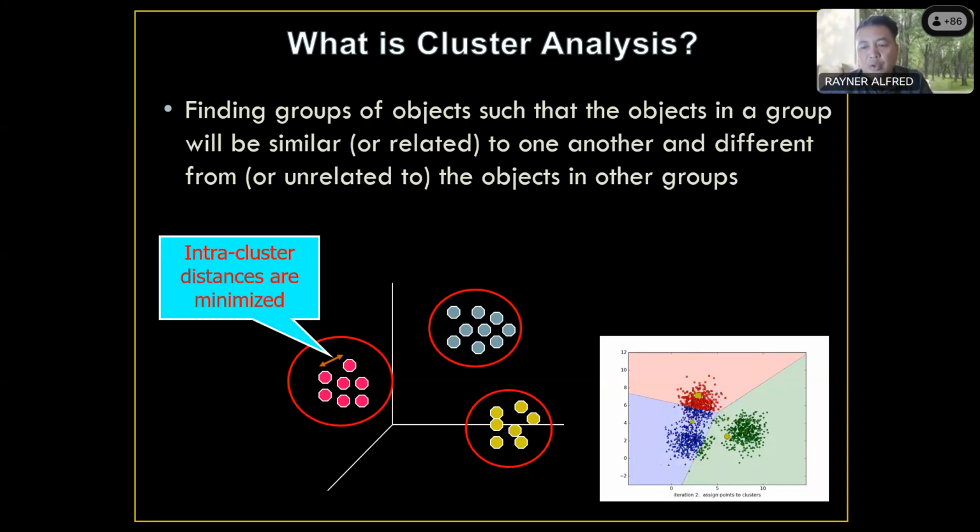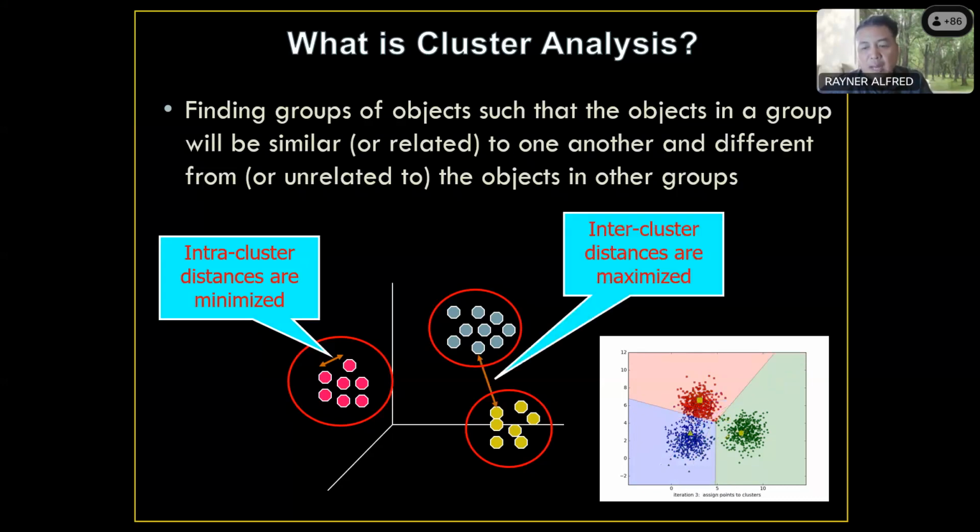At the same time, we also want to look at the distance between the clusters. This is what we call the inter-cluster distance. So you want a clustering result that has clusters that are separated far away from each other. Okay? So these are the two issues that we look at when we want to evaluate the quality of the clusters that we have.